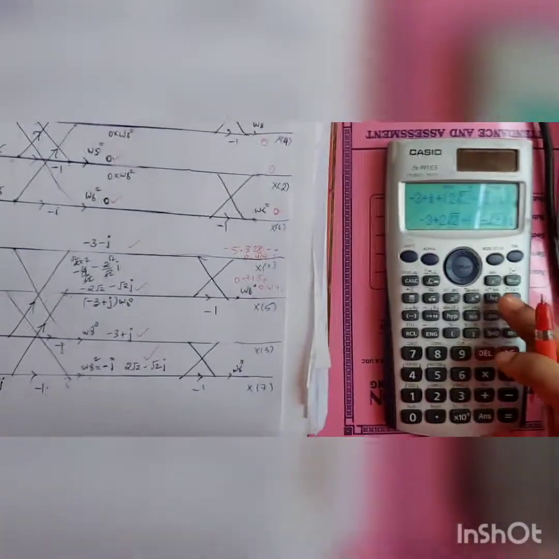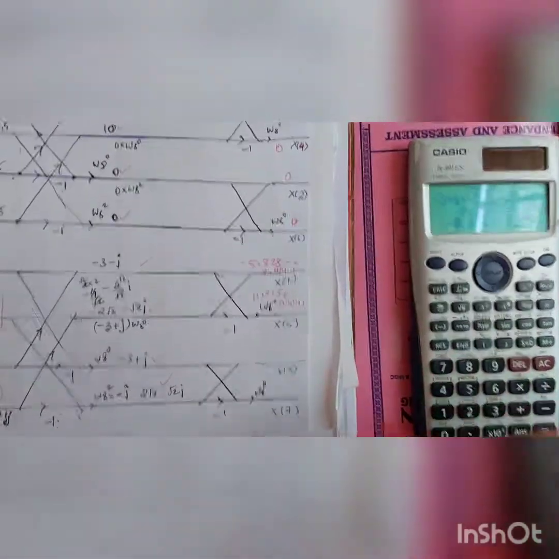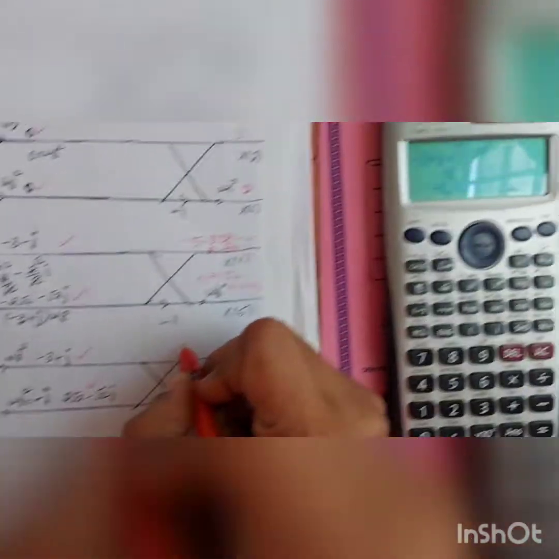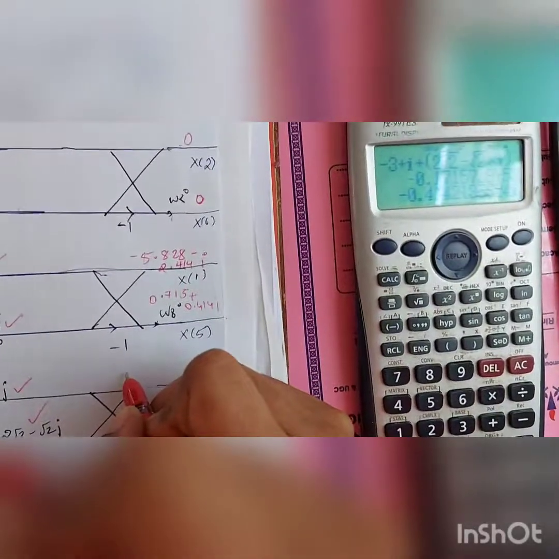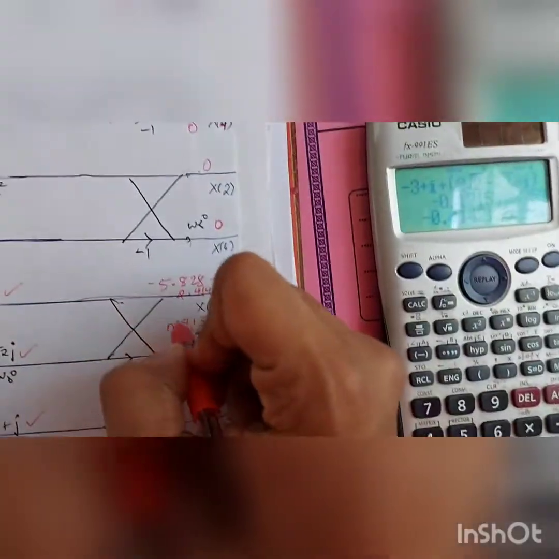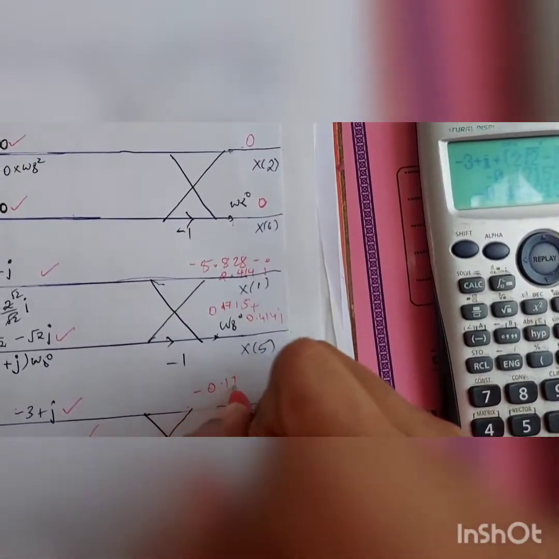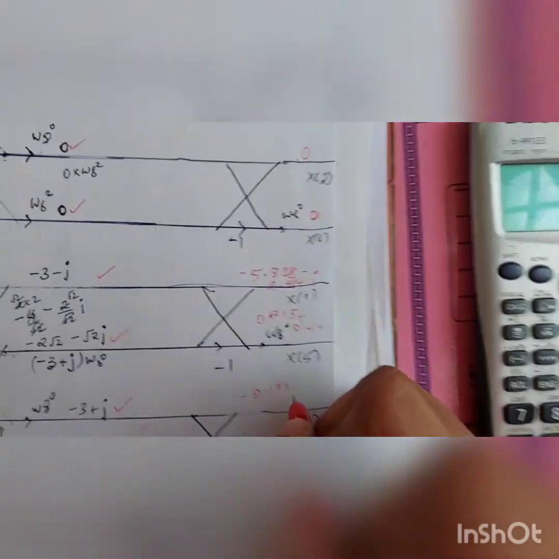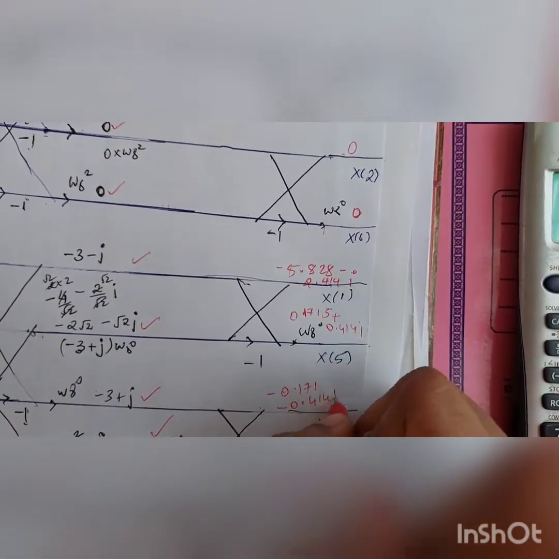See the answer. Here at this point you're getting minus 0.171. Oh, here also it was 0.171. Okay, minus 0.171 minus 0.414j.